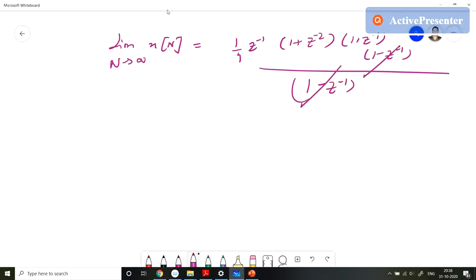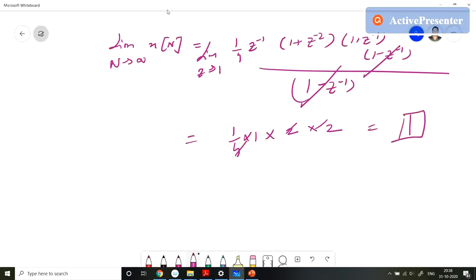This will cancel out, and we apply the limit z tends to 1. Applying the limit gives 1 by 4 into 1 into 2 into 2, which equals 1. So the final value is 1.